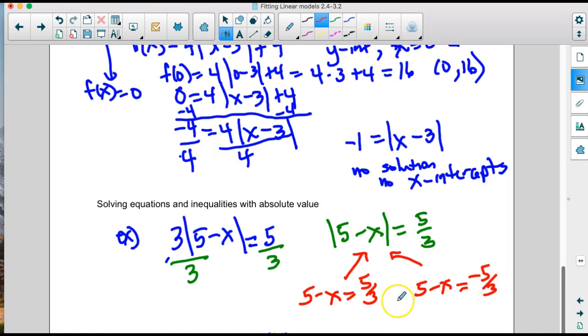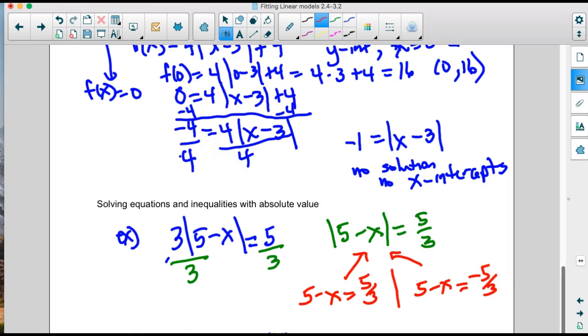So this is going to be our two different solutions, because if we had a 5/3 in here and we took the absolute value, we would get 5/3. If we had a negative 5/3 in here, we take the absolute value of it and it would be positive 5/3. So we'd have those two different processes.